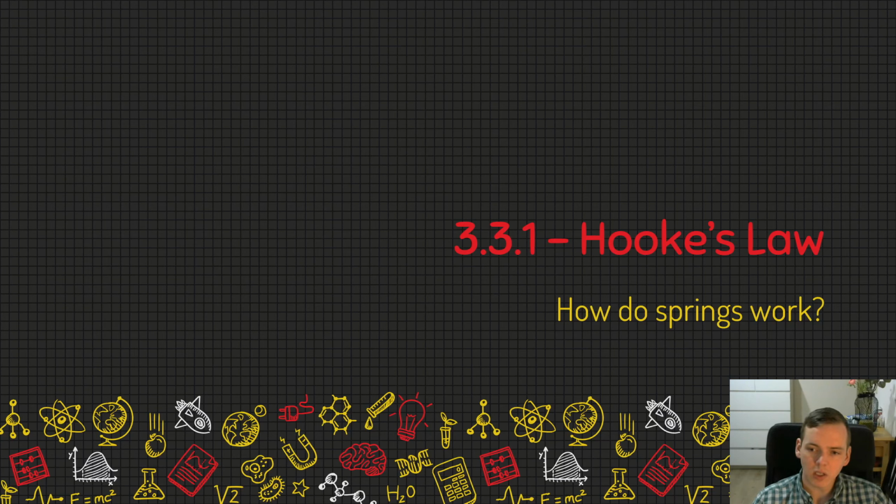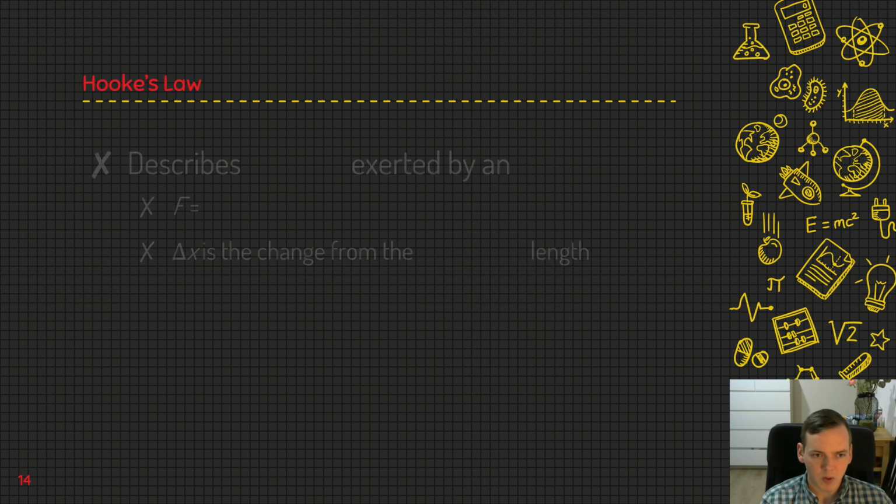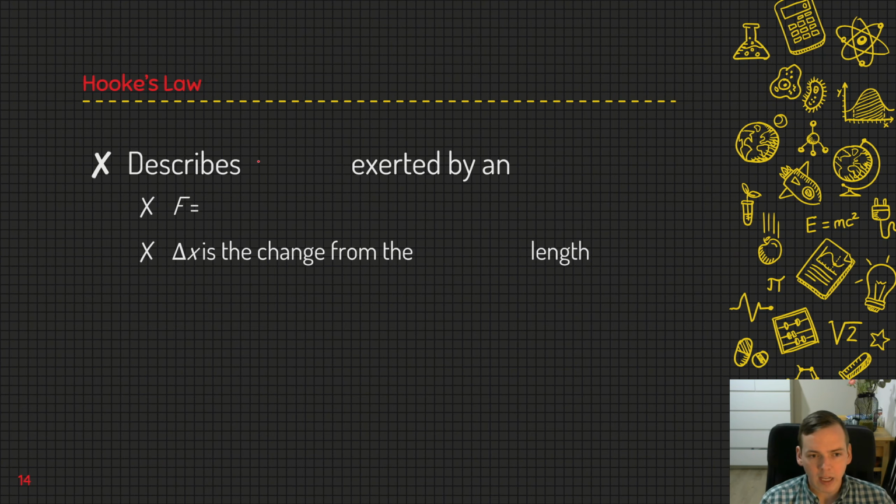We're going to take a look at Hooke's law here, which governs, at least for us, simple springs, the only kind of springs that we're going to care about here. So Hooke's law describes the force exerted by what we call an ideal spring.